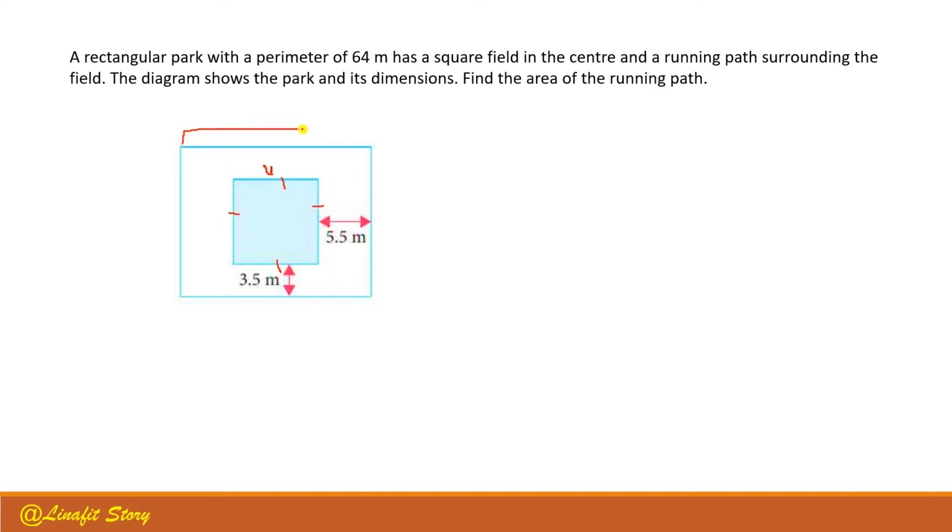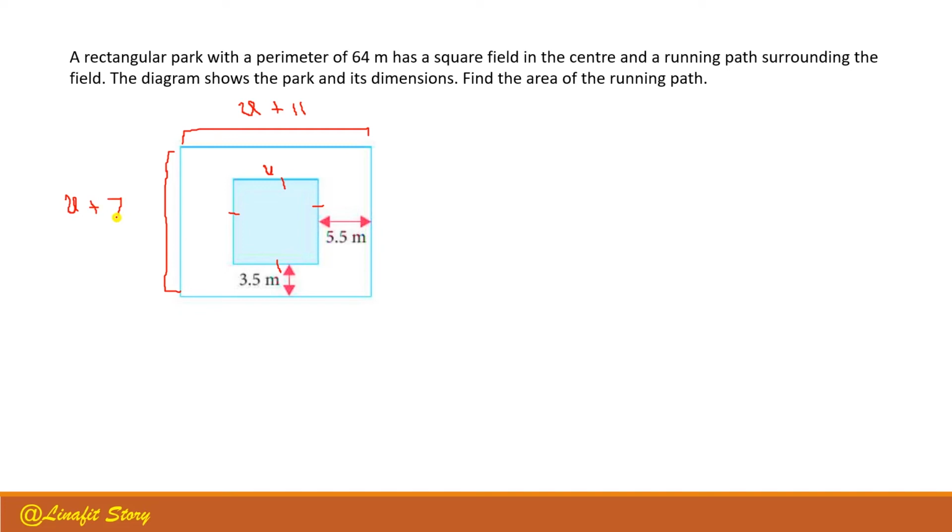So to get the length of this rectangle park is x plus 5.5 plus 5.5. So the length is x plus 11 meters. And the breadth is x plus 3.5 plus 3.5. So the breadth is x plus 7 meters.